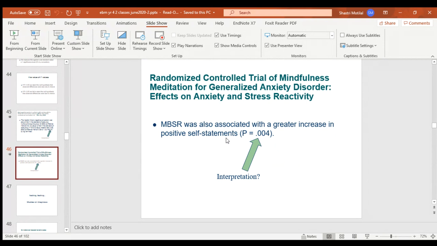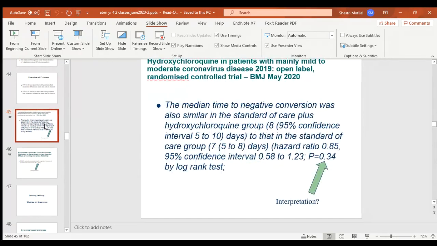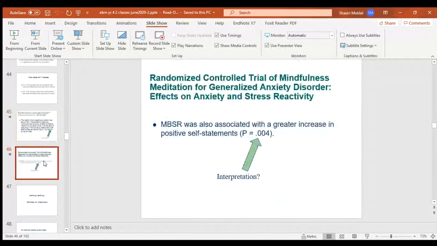So that's a very black and white, simple, straightforward interpretation of a p-value. If it's more than 0.05, as in the previous case, it's not statistically significant, no significant differences exist. If it's less than 0.05, as in this case 0.004, it means there is a significant difference.